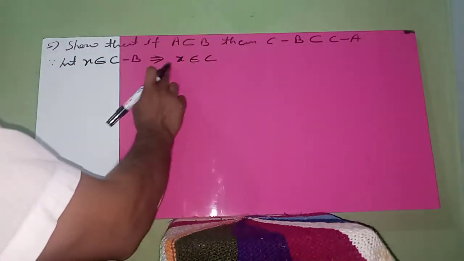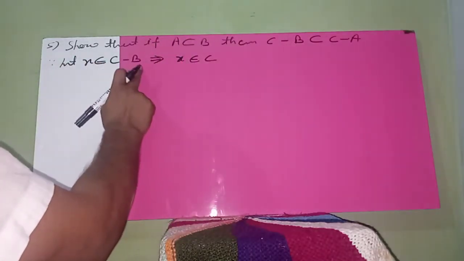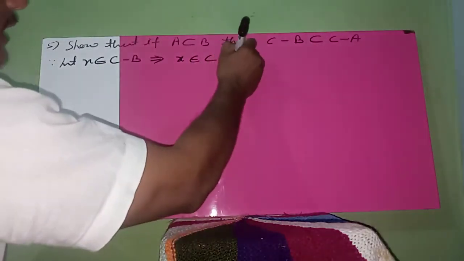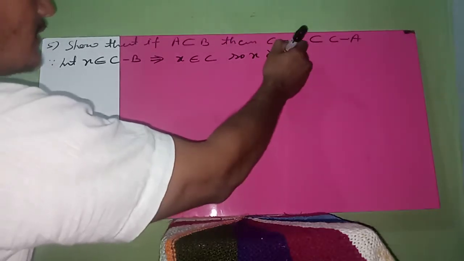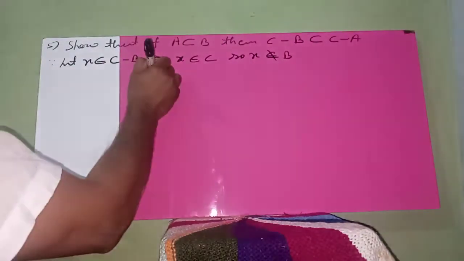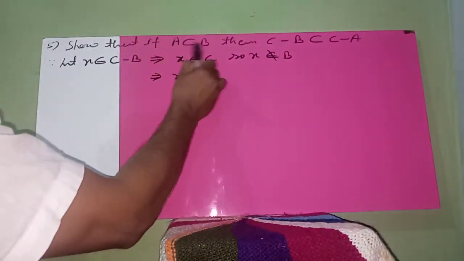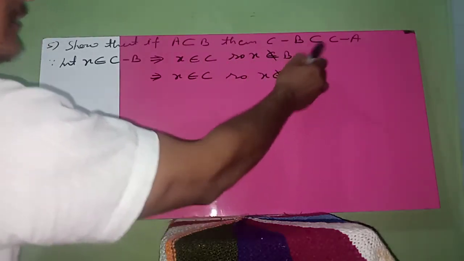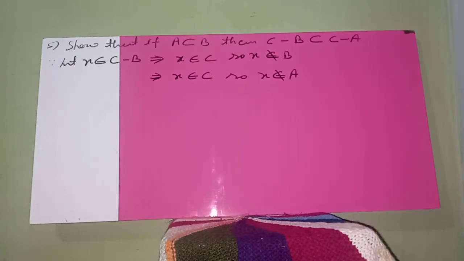So if X is the element of C minus B, that implies X is the element of C, and X is not an element of set B. Now I take X is the element of C, so X is not an element of set A. Why do I take this here? Tell me.